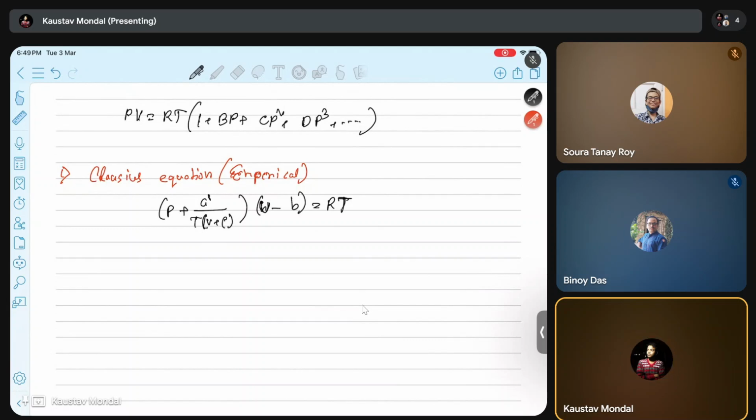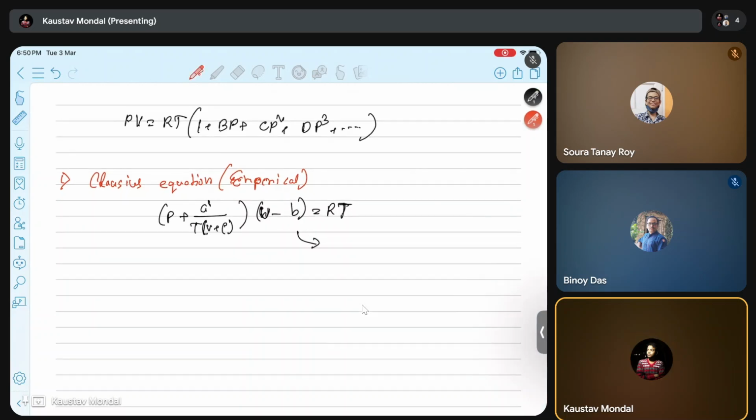And these equations basically explain Andrews' result for carbon dioxide gas, the measurement of condensation. So that experimental result is basically validated by the Clausius equation.